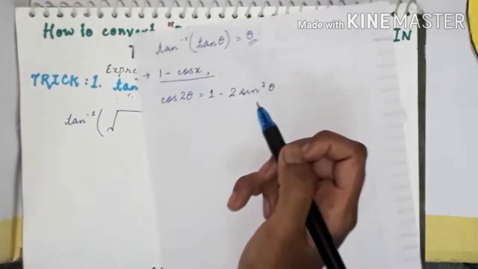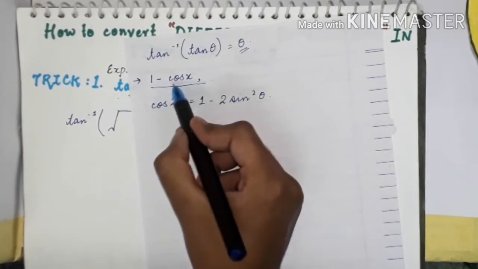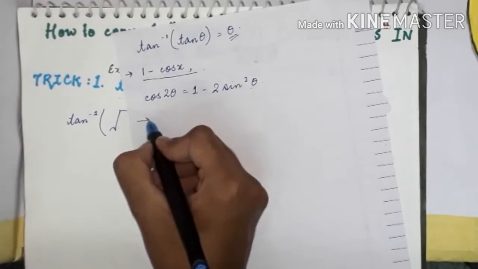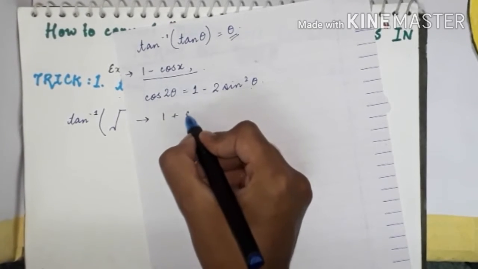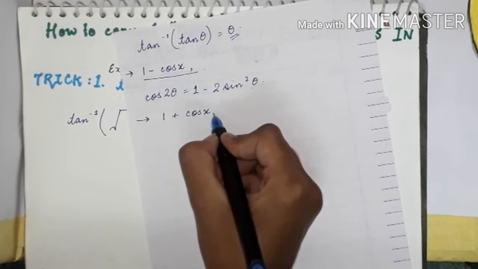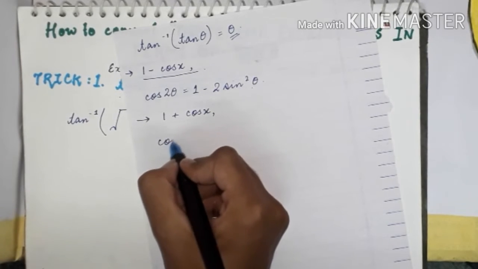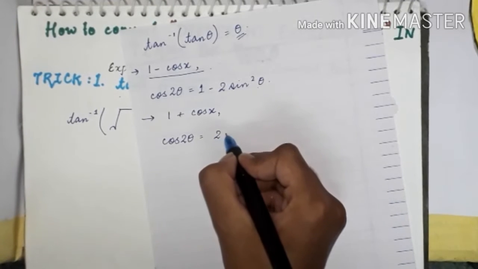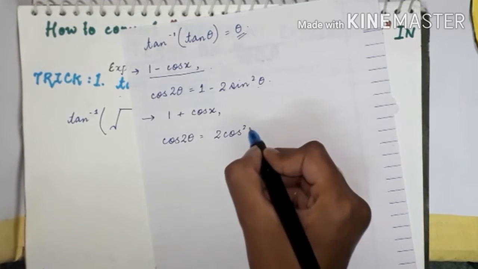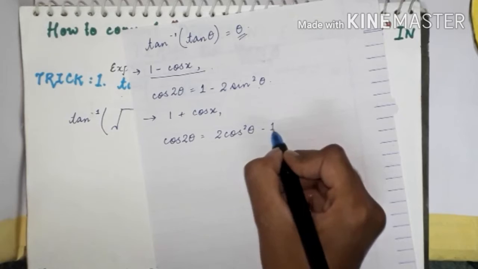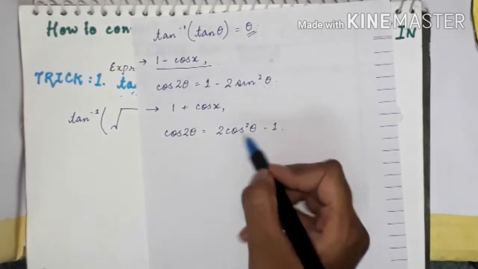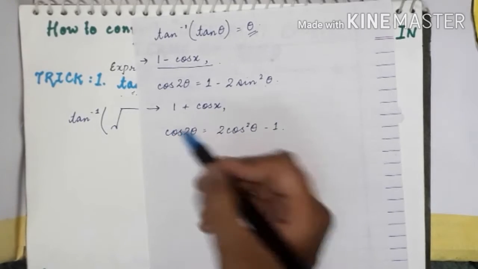When you put this expression in place of cos x, 1 will be removed. And simply, whenever you get 1 plus cos x, then the formula of cos 2 theta that you have to use is this one, 2 cos square theta minus 1. Then when you put this value, 1 will be eliminated.